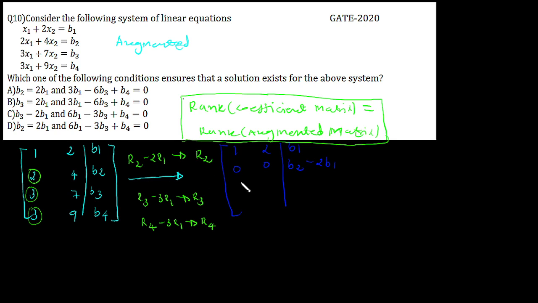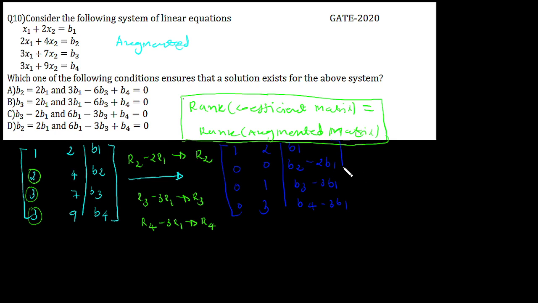Now in this third row this entry will be 0 and here we are getting negative 6. We have already plus 7, so I can say plus 1, and here b3 minus 3 times b1. Now on the last row, again we are getting minus 6 here. We have already plus 9, so I can say plus 3, and here b4 minus 3 times b1.